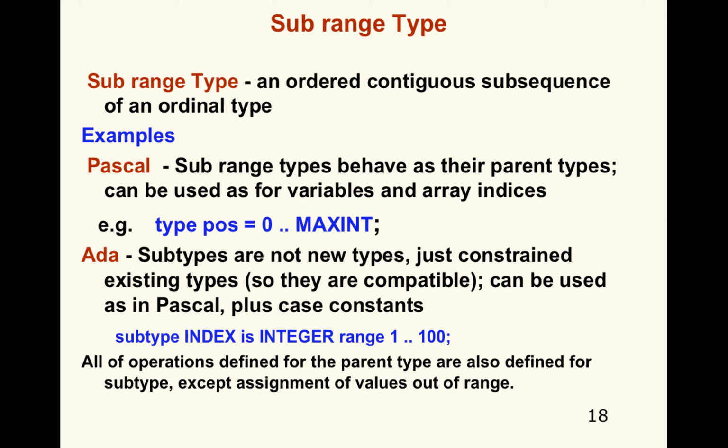So in Pascal, we have subrange types that behave as their parent types and can be used as variables of the array indices. Well, you'd think that C or C++ would have taken that on, but C and C++ treat the subranges as separate types. If I make a short, and I make a long, and I make an int, and I try to use them together, I'm going to get a type mismatch error.